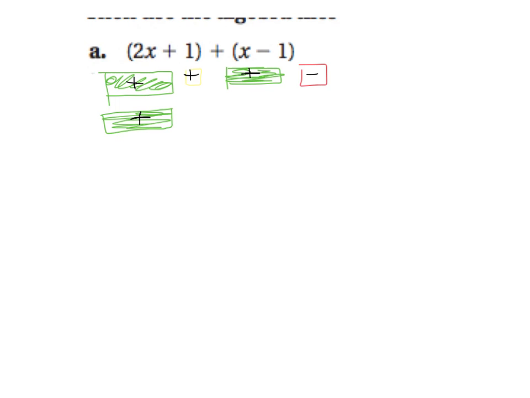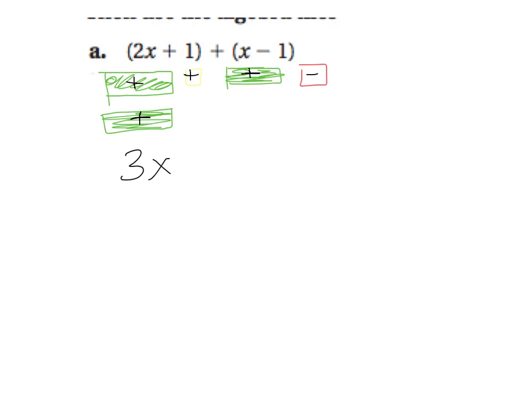If I look here, I have 1, 2, 3 positive variables. So this will be called 3x. Next, I need to look at my numbers. And I see that I have a plus 1 and a minus 1.